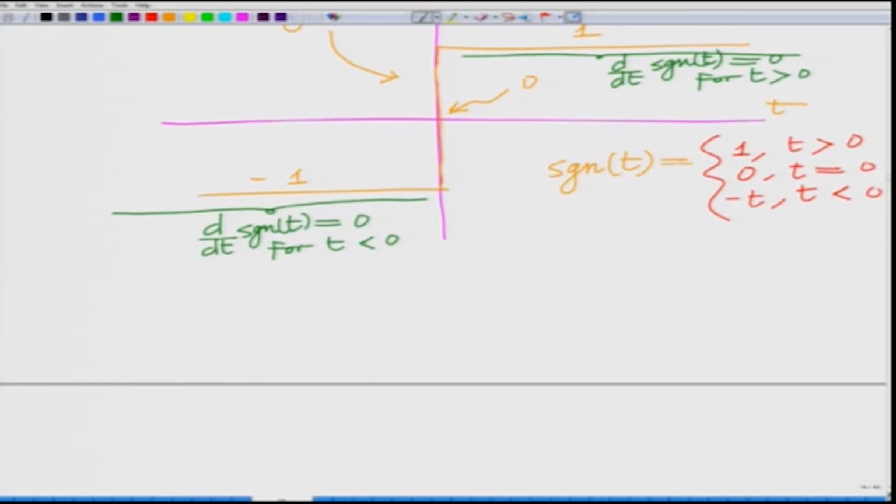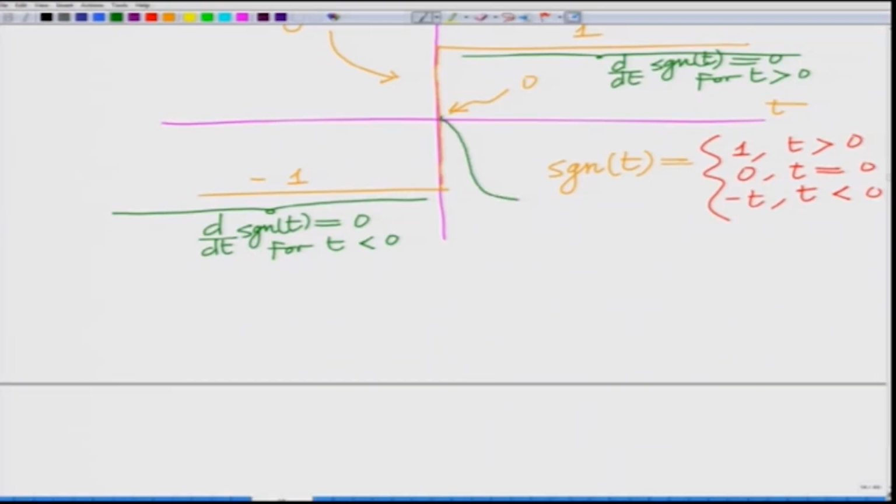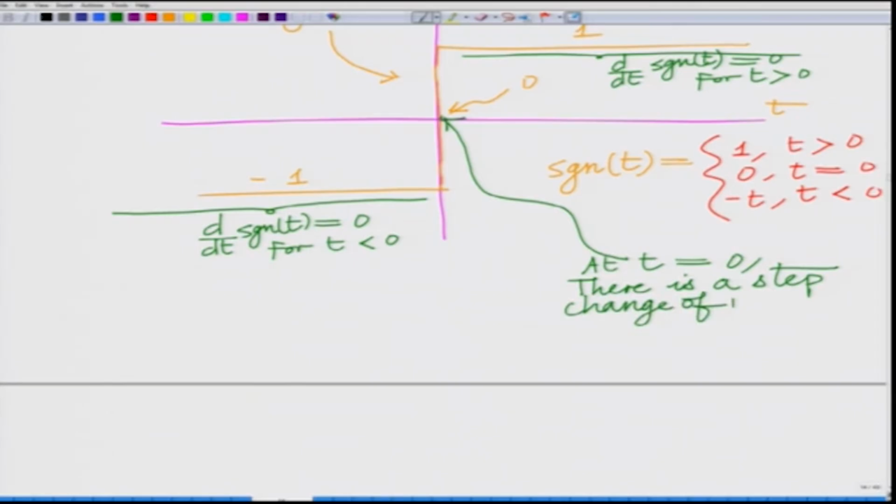It takes a step jump from minus 1 to 1, and there the derivative, you can see, since the magnitude is changing from minus 1 to 1, that is the magnitude is changing by 2, the derivative is 2 delta t. Alright. So, at t equal to 0, there is a step change of magnitude equal to 2.